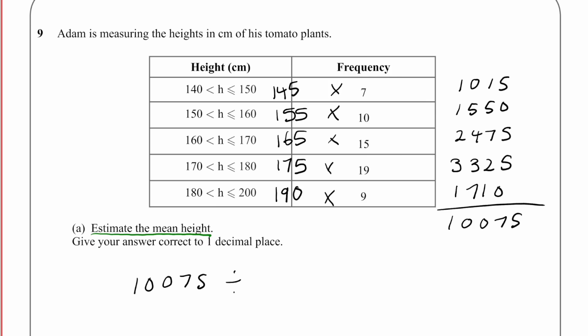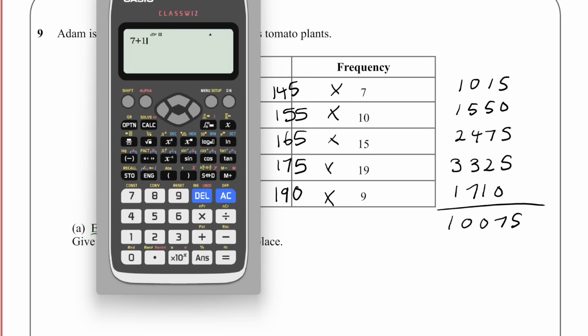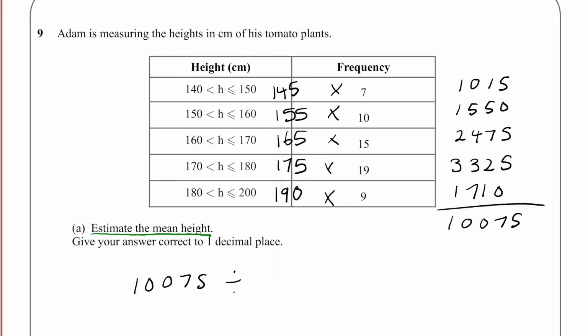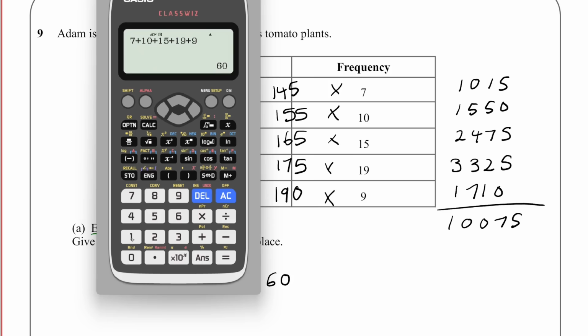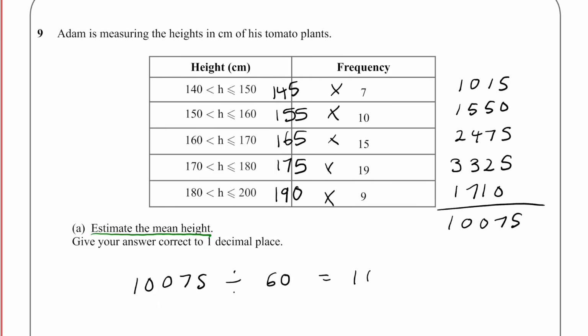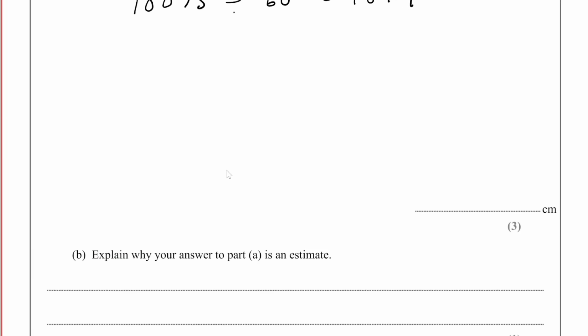It doesn't actually tell us, but we know there were 7 and 10 and 15 and 19 and 9. So if we add those up, there are 60 plants. So we add them all up, divide by how many, and we get 167.9. 167.9 to one decimal place, centimeters.